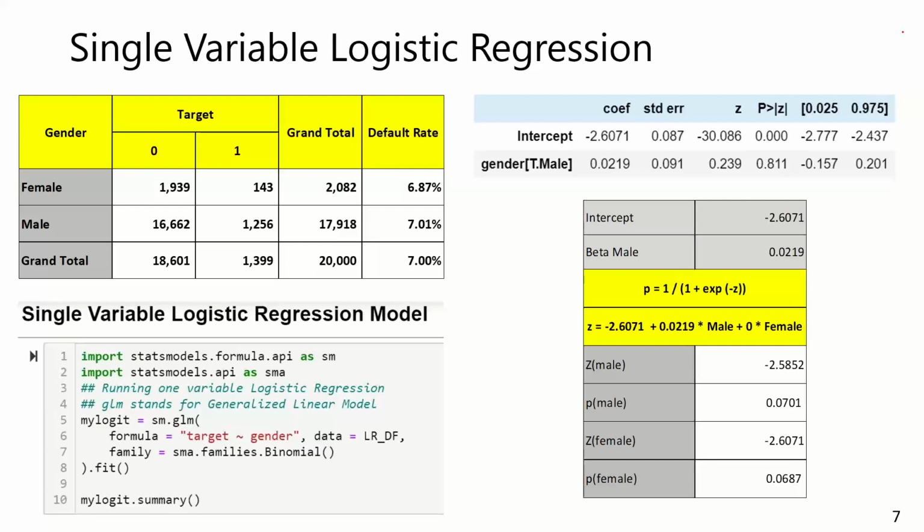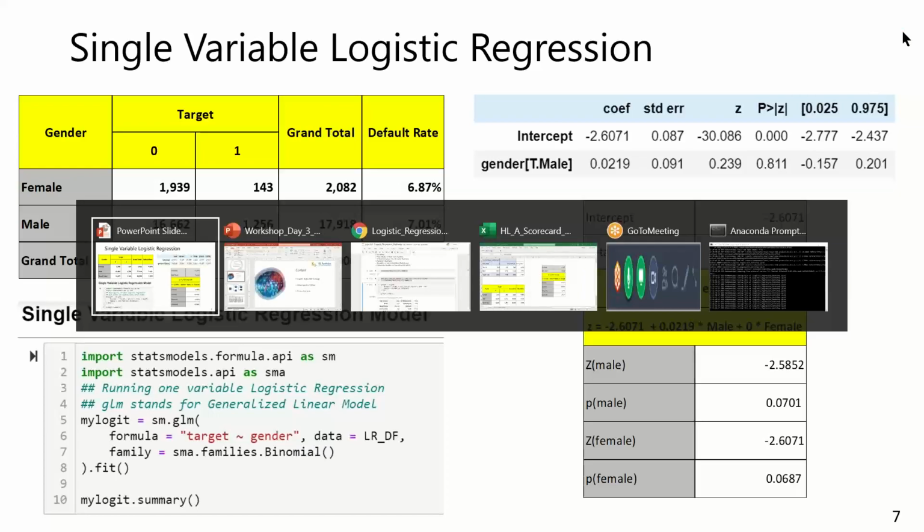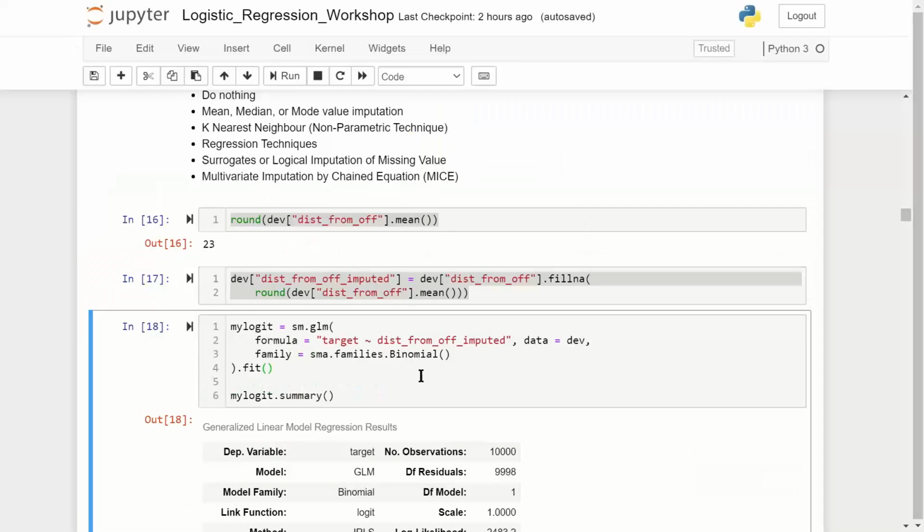As a small practice exercise, what I would suggest is you build a model using two variables. Say one is gender and the second is LTV. To build a model using two variables, you will have to make a small change in syntax.